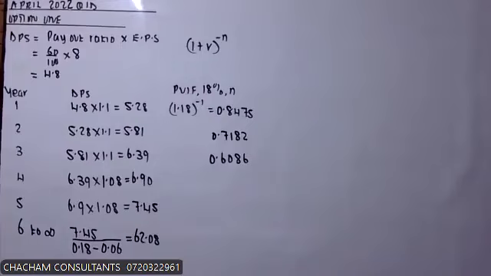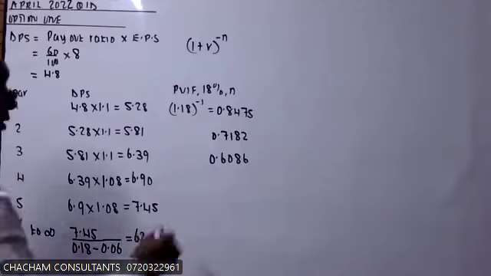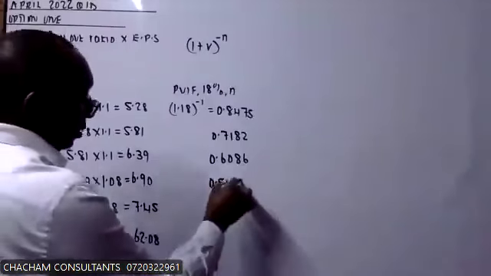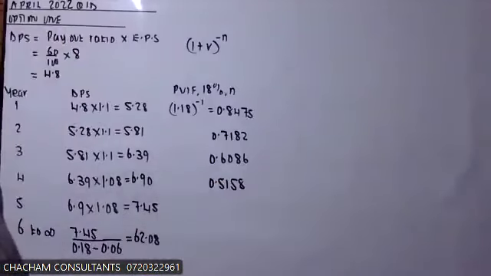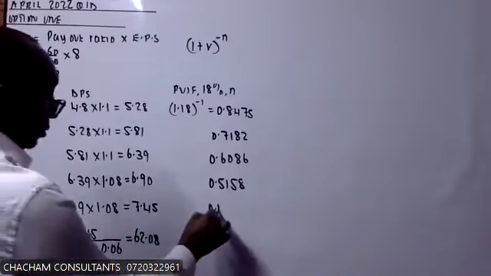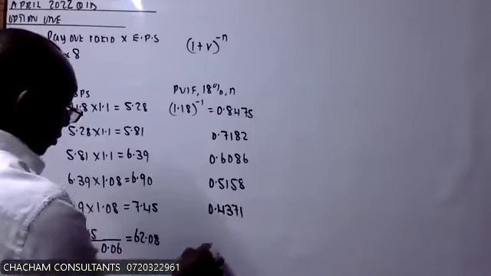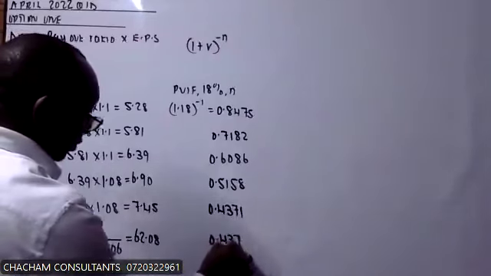Next. $5,158. Next. $4,371. So the same keys here, 4,371.